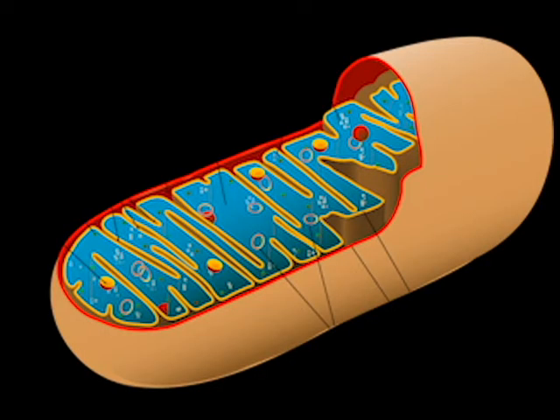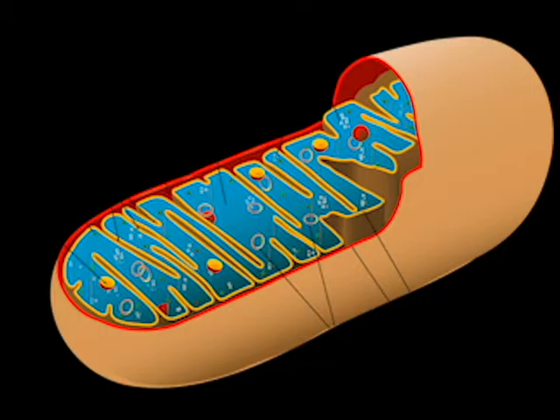So you're probably thinking to yourself, Bill, how does the cell power itself? It does all these amazing, fascinating things, but where does it get the energy? Well, I have the answer for you. It's in the mitochondria. The mitochondria, or the mighty mitochondria, is the powerhouse of the cell.